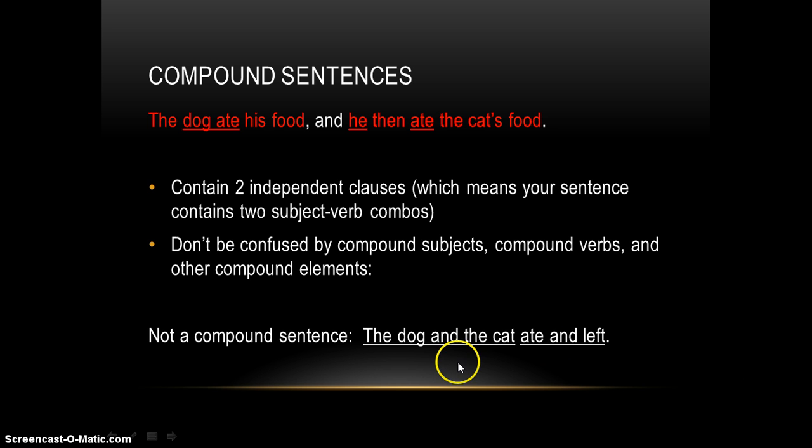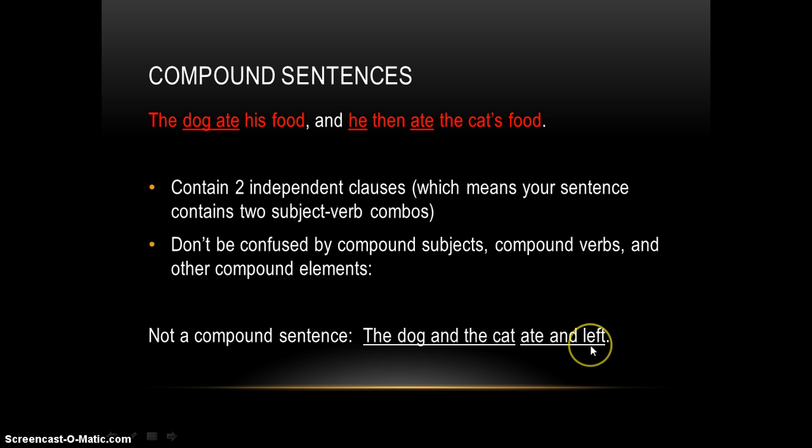If you look at the example down here, the dog and the cat are a compound subject, right? So it's only one subject there, even though you see the dog and the cat. That's a compound subject because they both ate, right? They're both working together on one verb, and then they both left.